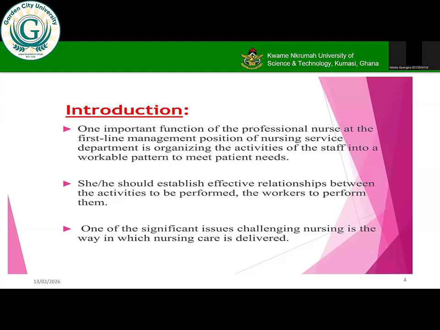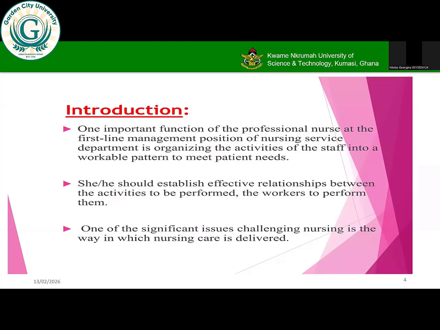As we have done in ward management, you have to put structures in place so that work assignments would go on. As a nurse, you should establish an effective relationship between the activities to be performed and the workers to perform them. So who are the workers? What are the activities?